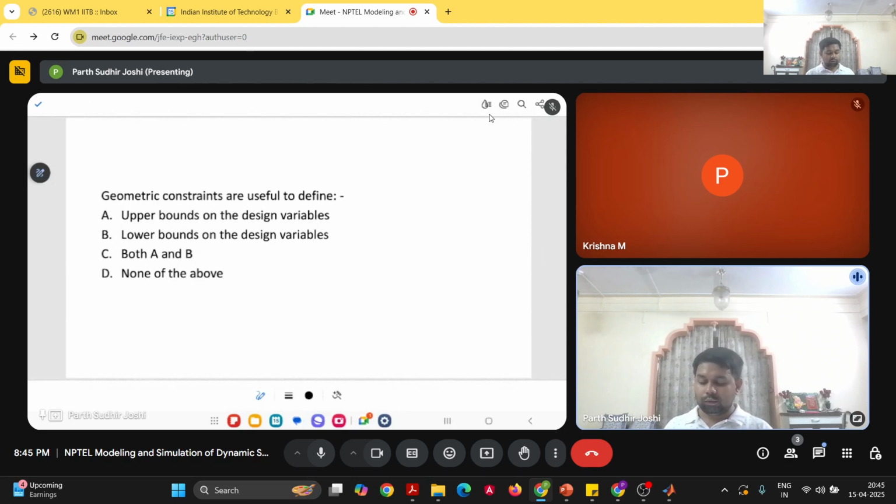Geometric constraints are useful to define what? C. Okay. So yes, you are right. Geometric constraints are used to define both the upper bounds and lower bounds on the design variables. So the answer is both A and B.